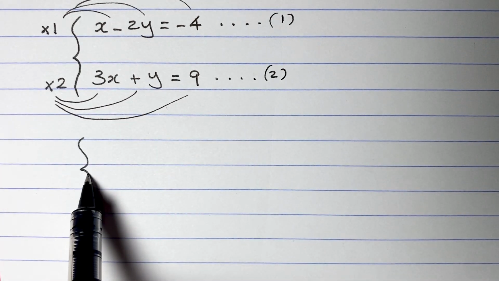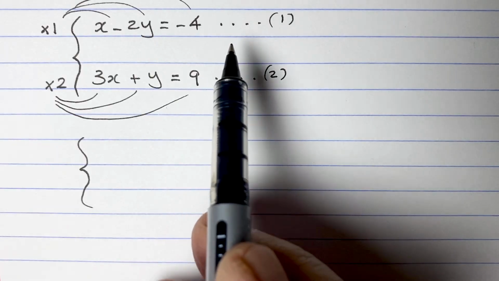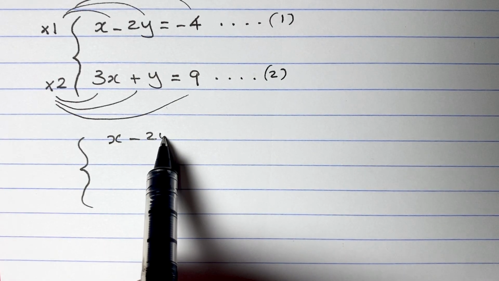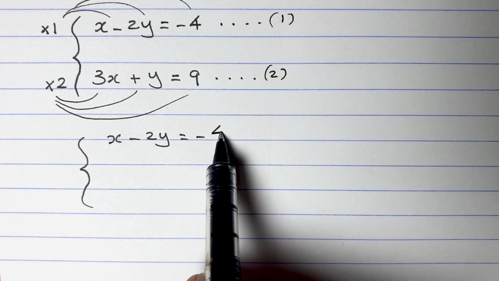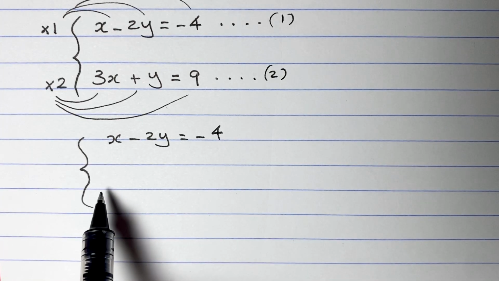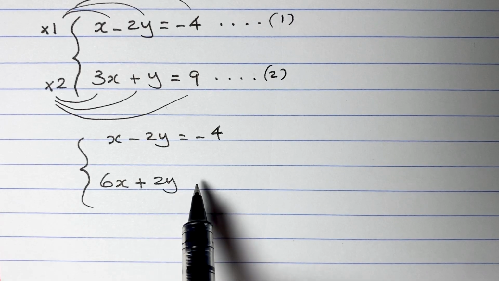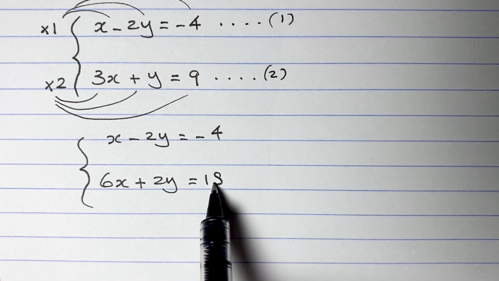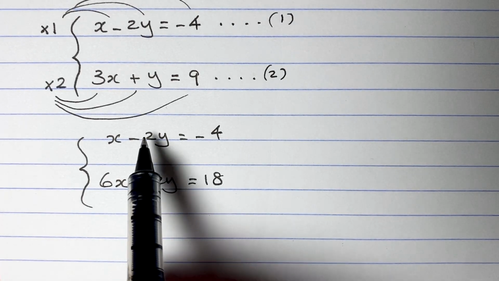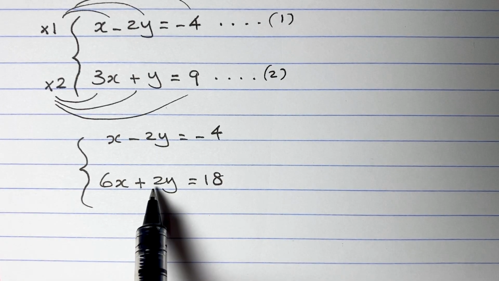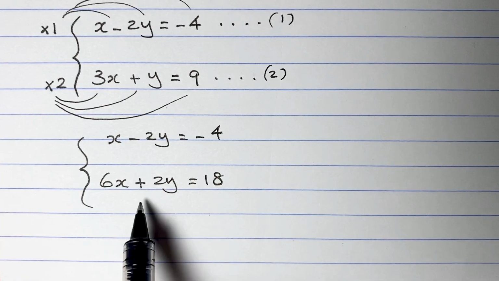The rest is to multiply, making sure you multiply right through. So 1 does not change the coefficients. Top line remains as top line. Bottom line 6x plus 2y equals 18. You can see now that technique made the number of y's the same: 2y, 2y. One is negative, one is positive.